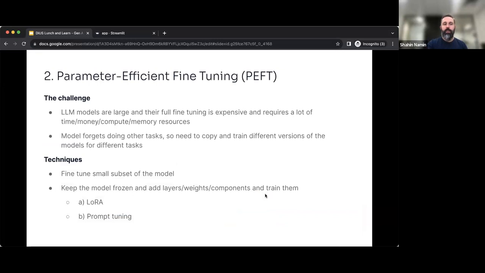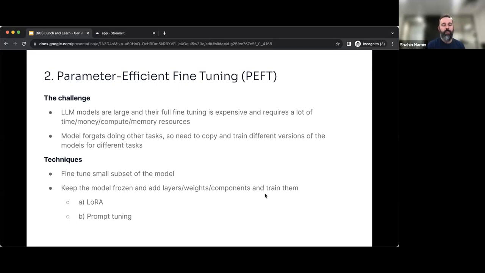Next technique is parameter efficient fine-tuning, or PEFT. As I mentioned, one problem with tuning your model is that the model forgets doing other tasks. So you might sometimes need to copy and train different versions of the models for different tasks.